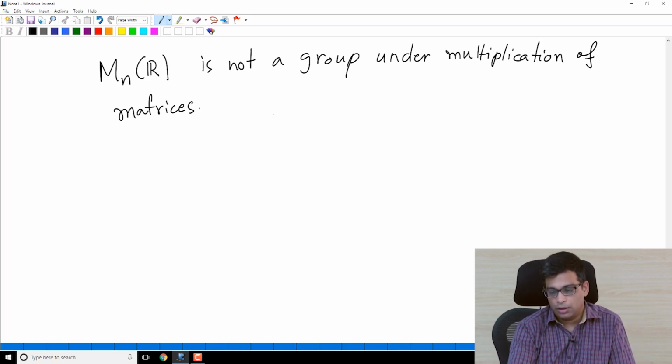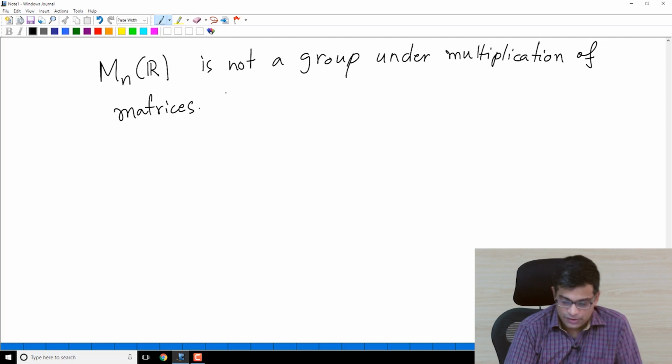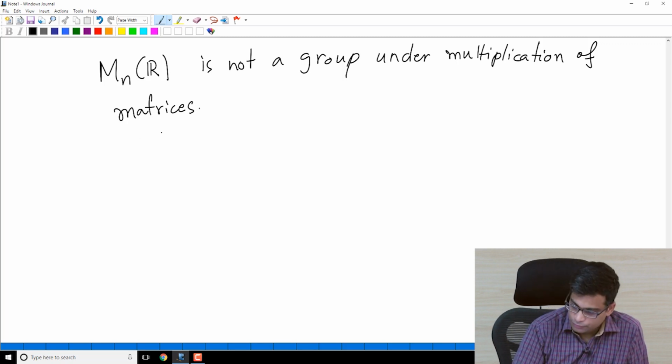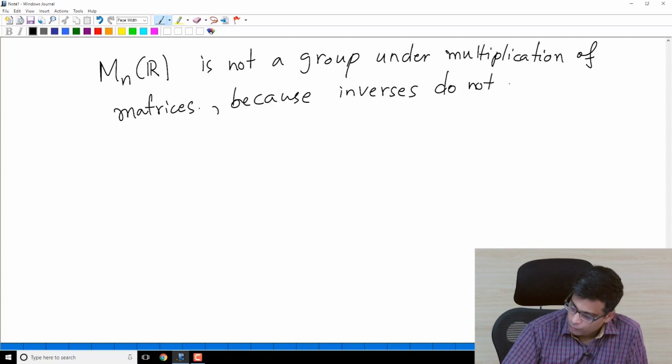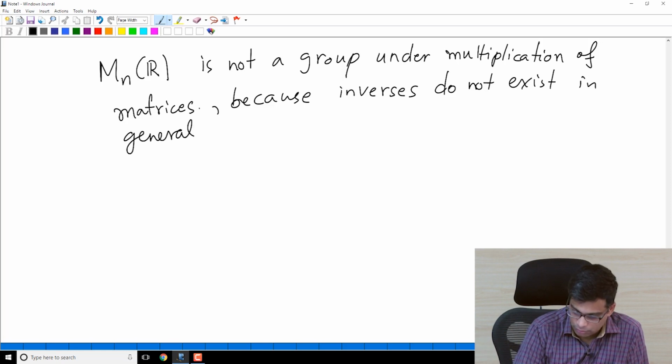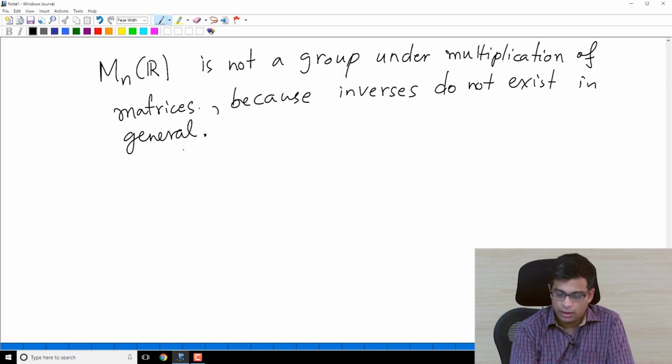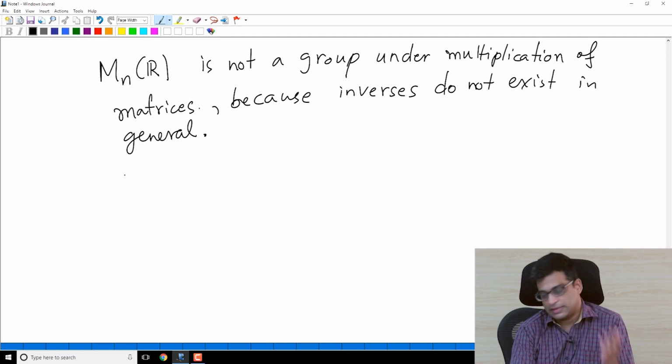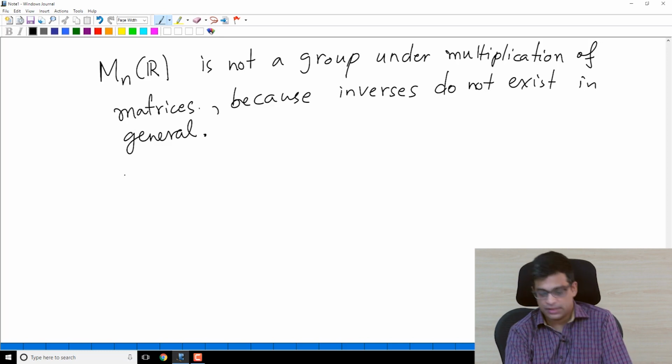Because even though it is a binary operation, in other words multiplication is closed, not every matrix has an inverse. The reason is that inverses do not exist in general. That is the reason why it is not a group, but we will restrict our set of matrices in order for inverses to exist.